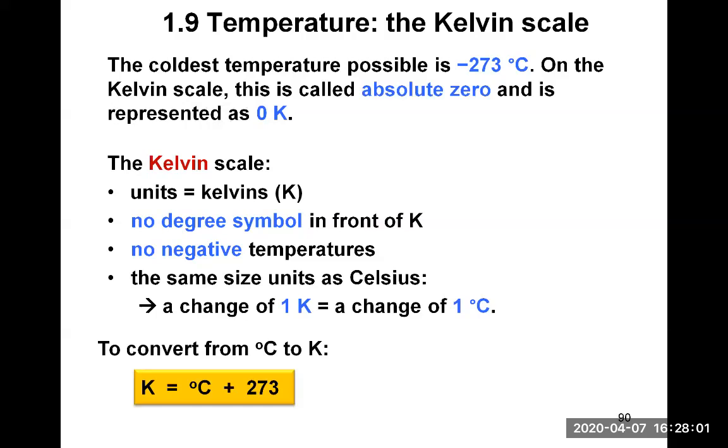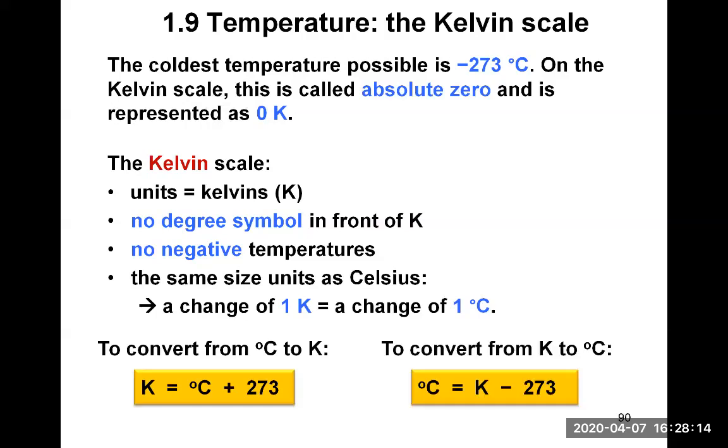So to change degrees Celsius to kelvins, you would use this equation that says kelvins are equal to degrees Celsius plus 273. And if you have kelvins and you want to get the degrees Celsius from that, you will do degrees Celsius equals kelvins minus 273.